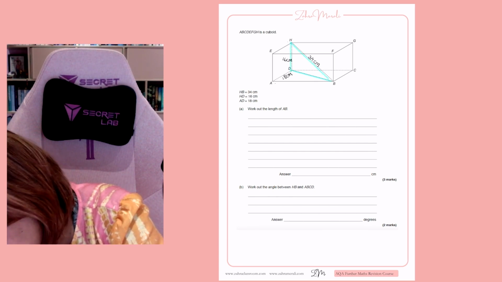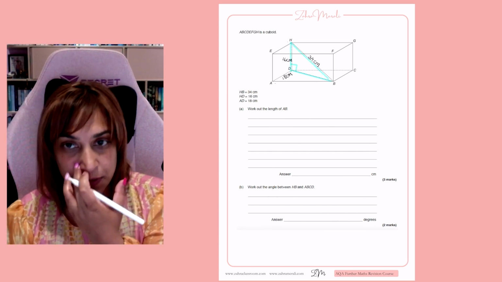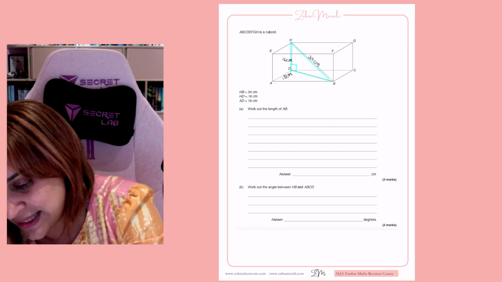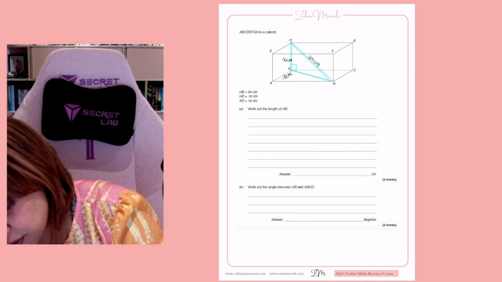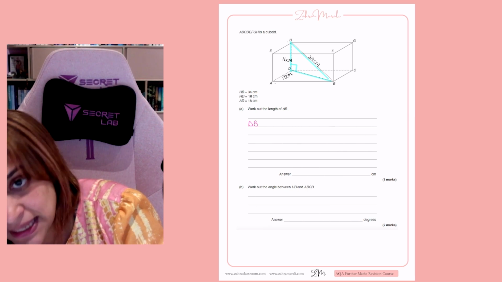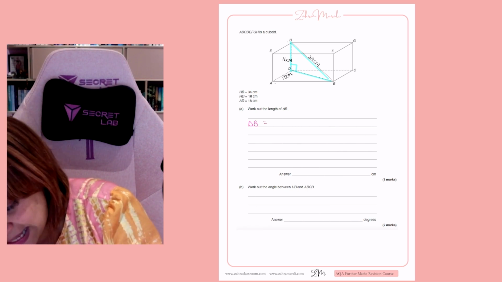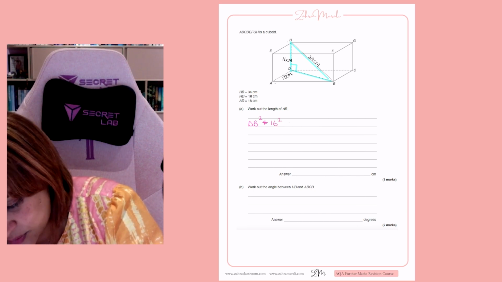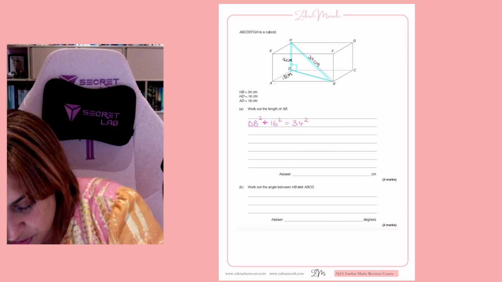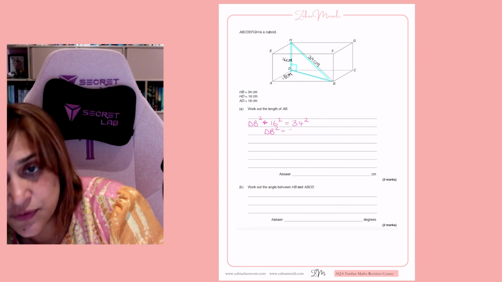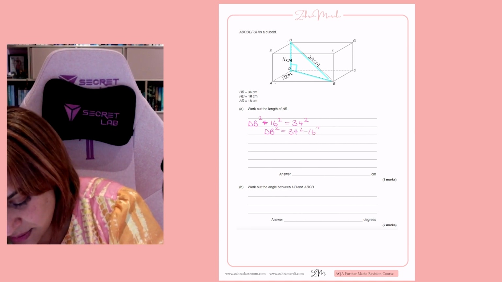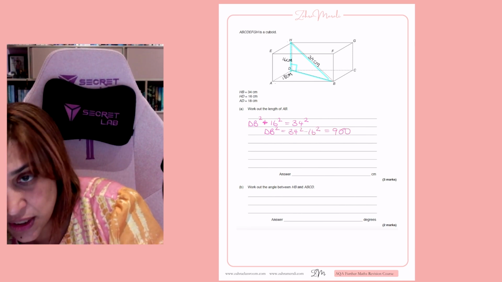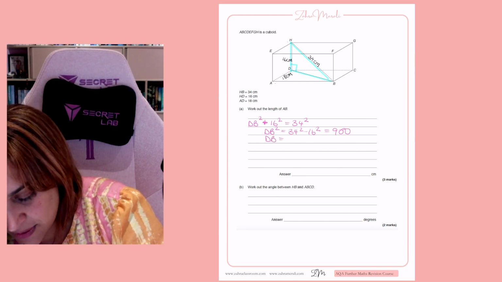Remember, everything is right angles when we've got cuboids, so we can use Pythagoras to find DB to start with. DB squared plus 16 squared equals 34 squared. So DB squared is 34 squared minus 16 squared, which comes out to be 900. So DB must be 30.